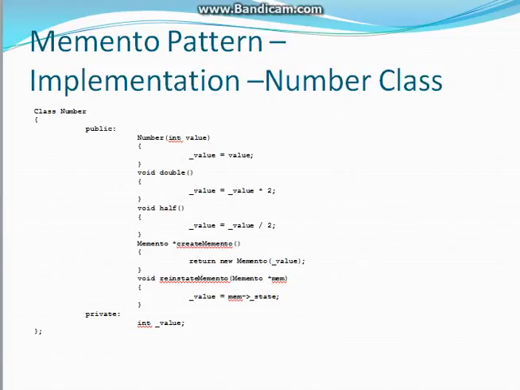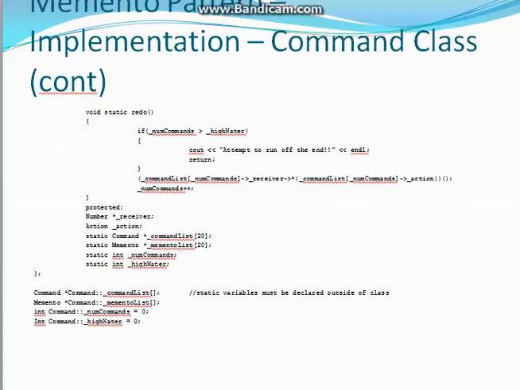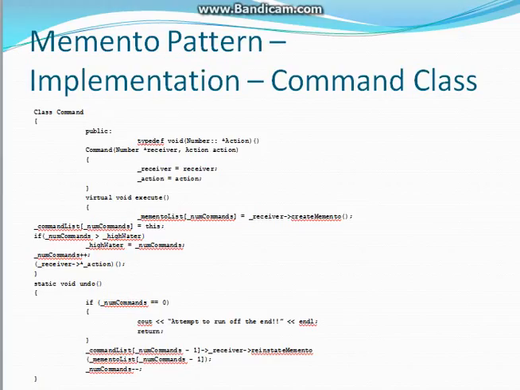Things get a little more complex once we get to the Command class. We have a list of mementos because, remember, we want to be able to undo as many times as we wish.